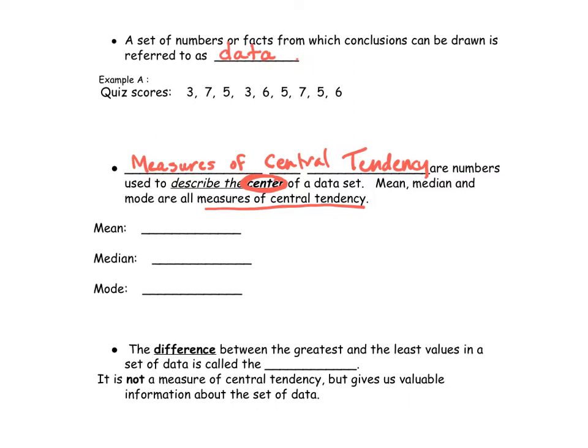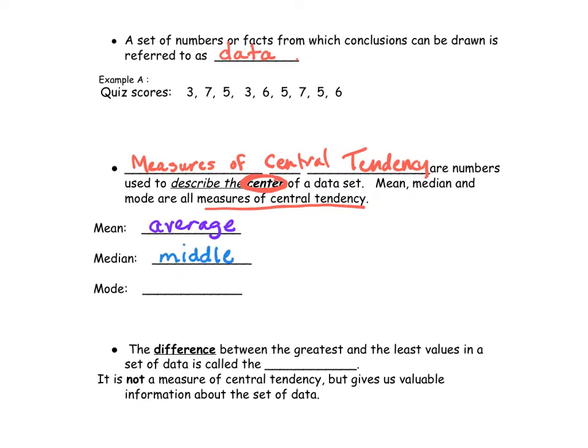So the first word, mean, is actually the average. We add all the items up and we divide by how many items there are, and they even say sometimes the mean average. And quite frankly, in everyday use, I usually say the word average instead of mean. The next word is median, and that's the middle number in all of the set of data.